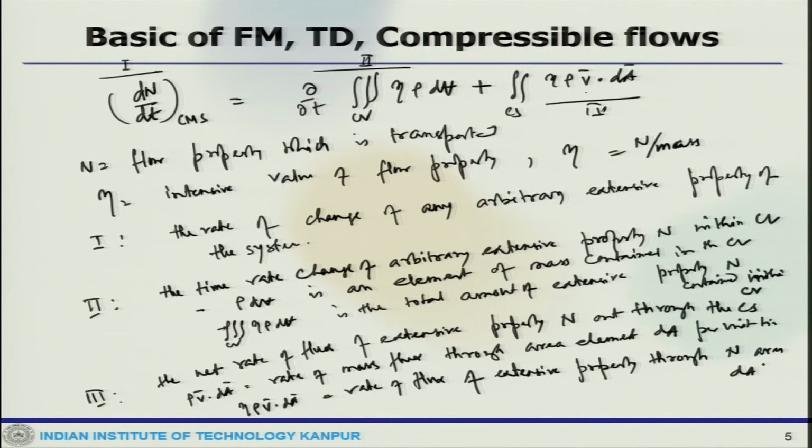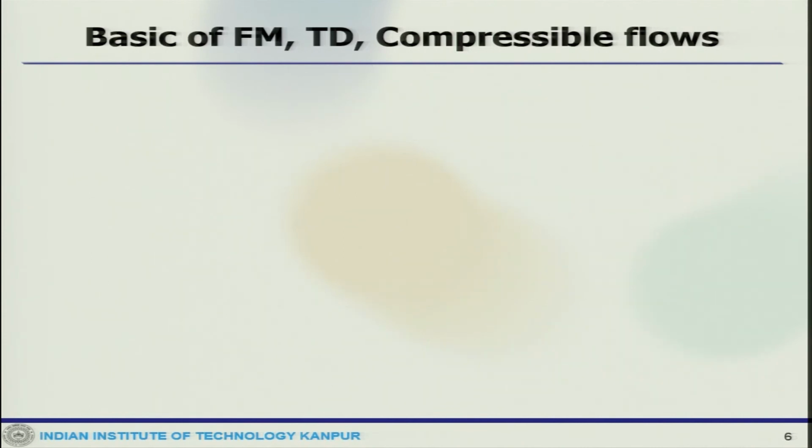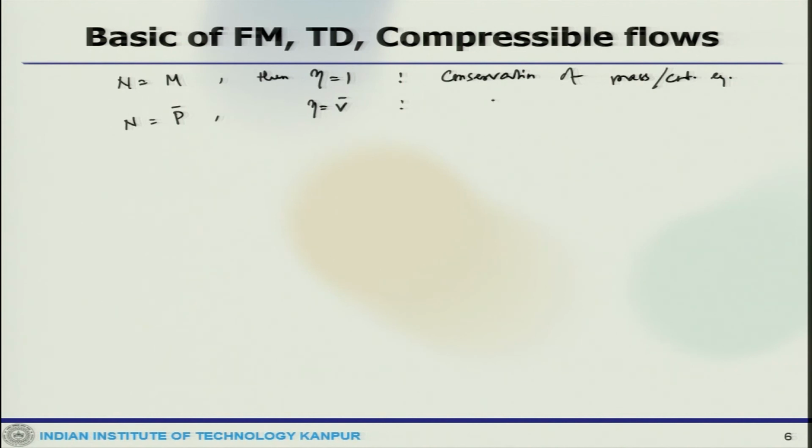Now, once you see that, when N is m, then eta is 1, which leads to the conservation of mass or continuity equation. If N is P, then eta is V bar, this is the conservation of momentum equation.